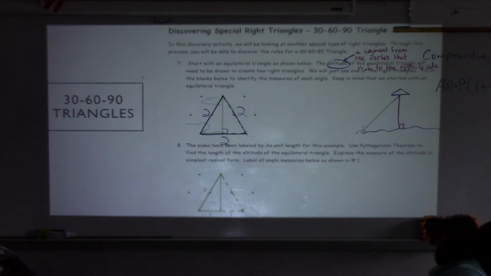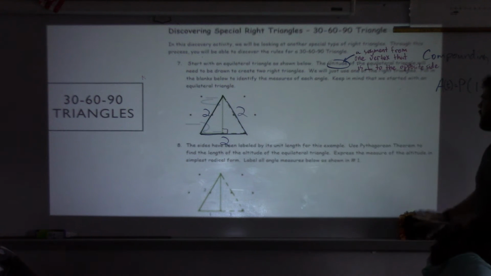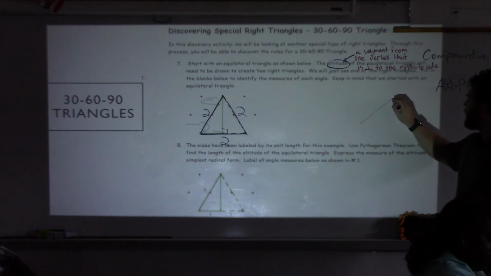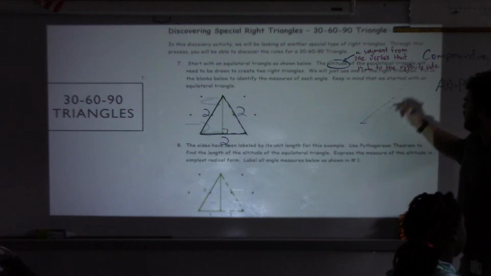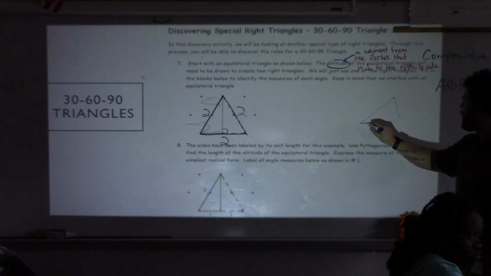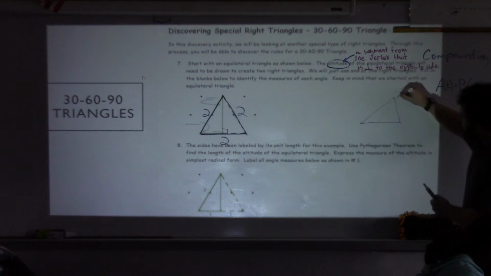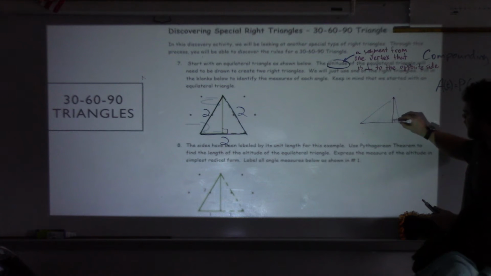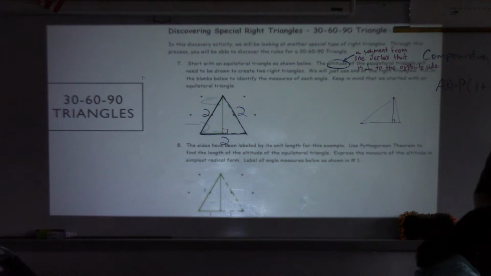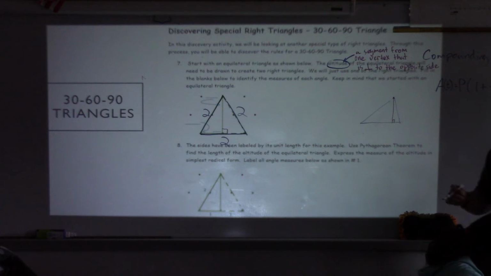Okay? Now, this is not part of the 30, 60, 90, but to give you a little bit better understanding of it. So if I have this triangle, it's not the best one. If I start from this vertex, that would be about perpendicular. That would be an altitude. We all good with that idea? Okay? But I will point this out.